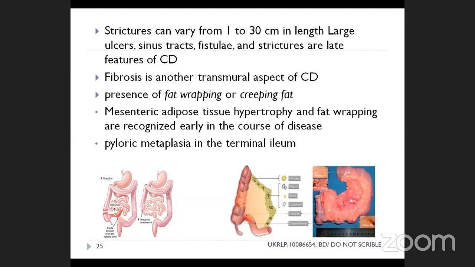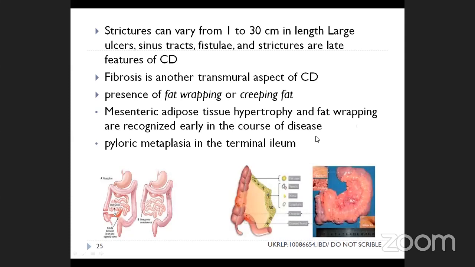The mesenteric fat creeps on the serosa, giving a classical appearance of fat wrapping from the mesenteric end to the antimesenteric border. The mesenteric adipose tissue gets hypertrophied, and there is increased vasculature of the mesenteric fat. There can be pyloric metaplasia in the terminal ileum.